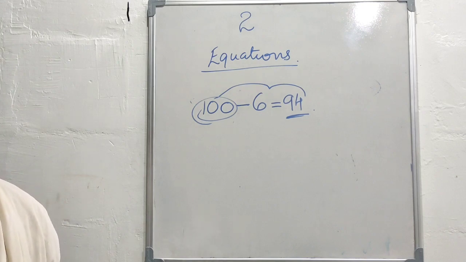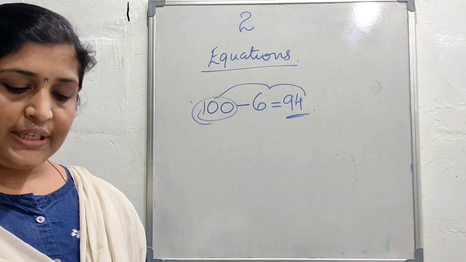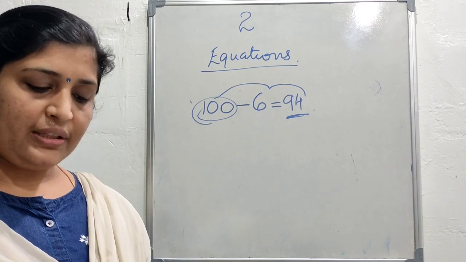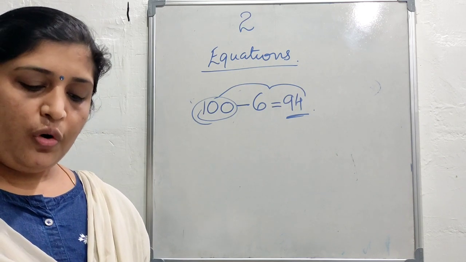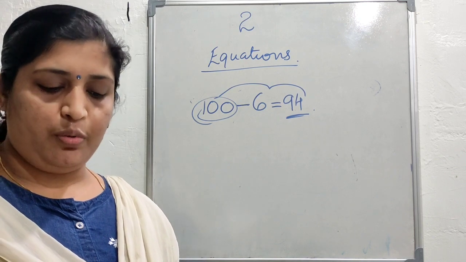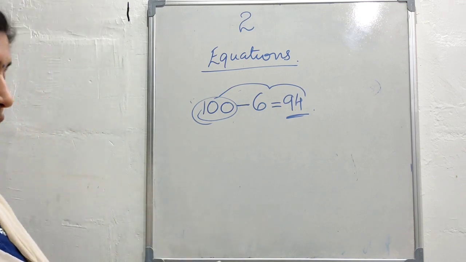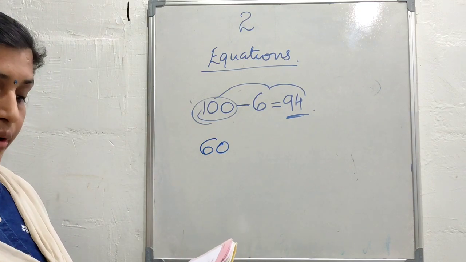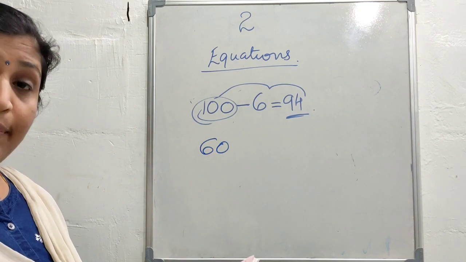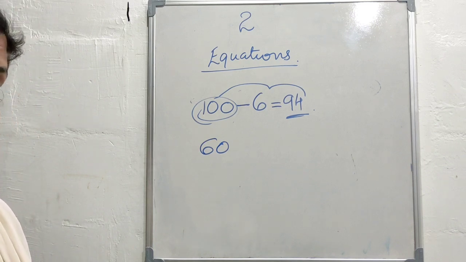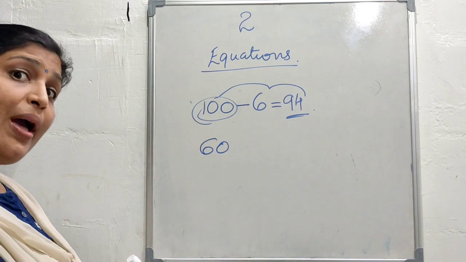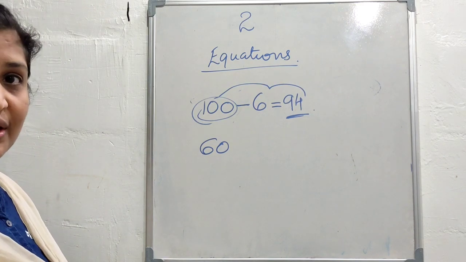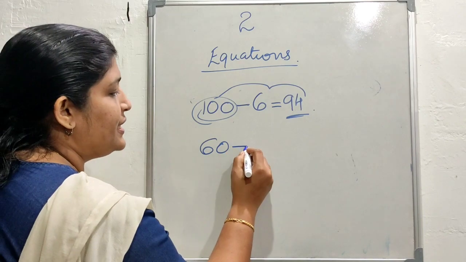Okay. Now the second question. Mother gave 60 rupees to Lizzie for buying books. She gave back the 13 rupees left. For how much money did she buy books?